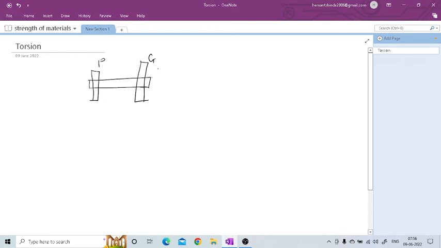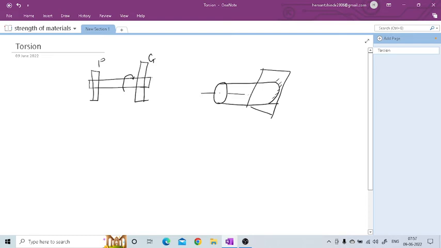Now the driven is connected to another element that will oppose the rotary motion provided by this pulley, so that the twist will be generated. We can say that this end is rotating and this end is opposing. So with one rotating end and one opposing end, we come to a condition where one end is fixed and the other end is rotating.